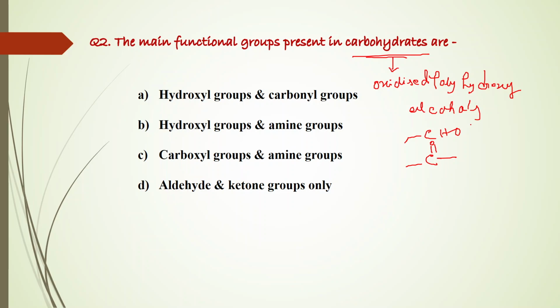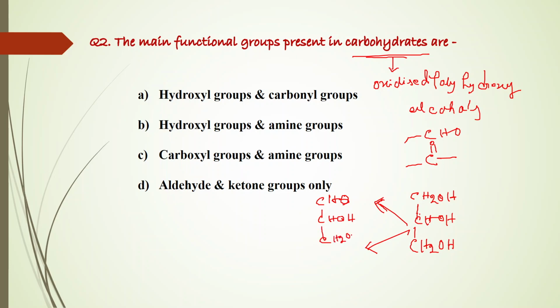Where is this coming from? Because if you remember, the parent compound for carbohydrates was glycerol. This was the structure for glycerol. Now, this can lead to the formation of 2 main parent compounds. One of them is the conversion of this CH2OH to CHO, leading to the formation of glyceraldehyde.